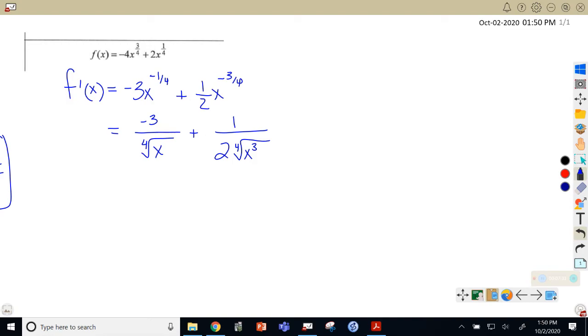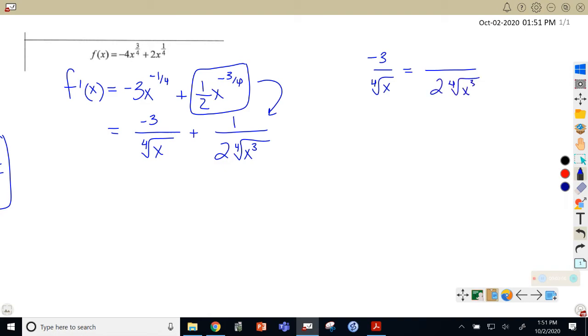That step right there might be a lot to process, so if you have a concern as to how this term becomes this, that's something we should definitely talk about. I'm looking at two different terms with two different denominators. I've got negative 3 over the 4th root of x, and I'm wondering how in the heck I get that to equal something over 2 4th roots of x cubed.